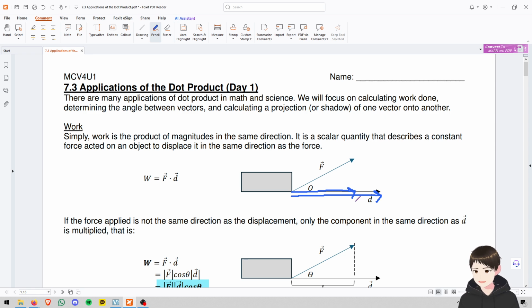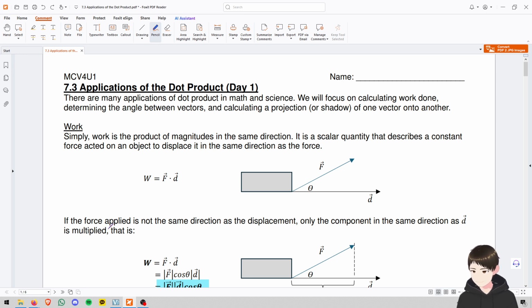We will take those two magnitudes and multiply them. That's what we're doing: taking the component of the first vector that is in the same direction as the second vector, and multiplying the magnitudes. That's the dot product.